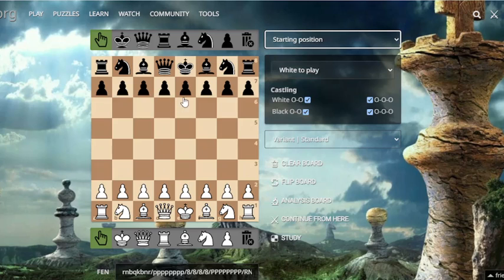You're trying to get your rook to some squares that are not protected, of course, so you don't want your rook to be taken. And when you get your rook here, you can threaten all of these pawns over here, and you can also help some other pieces to attack.